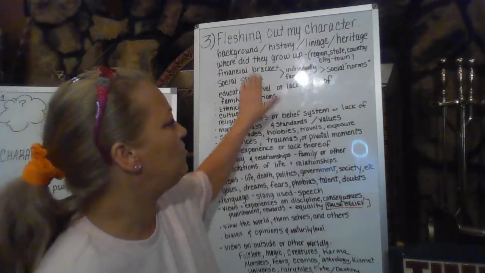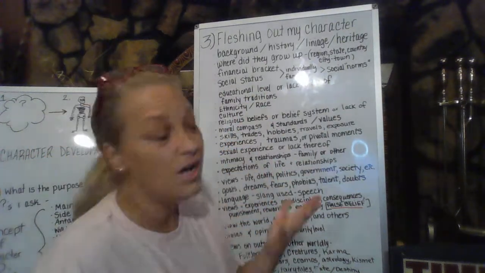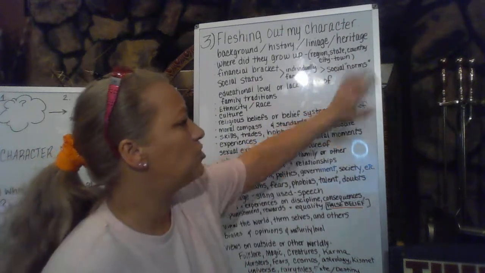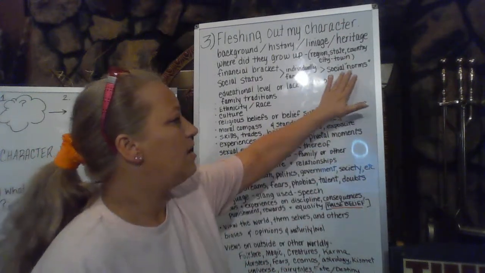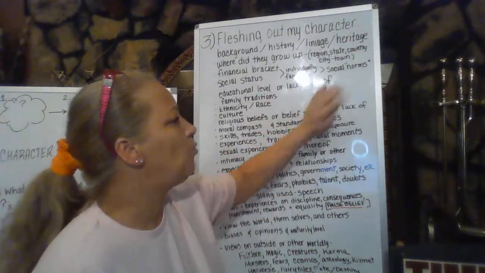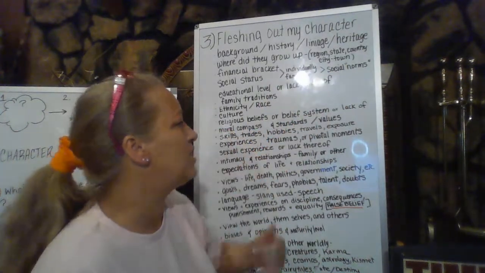So you need to keep those things in mind, or at least I do, when I'm trying to figure it out. Also, social norms. Now, I use this term kind of loosely, but what I mean by this is, let's see if I can give you an example.